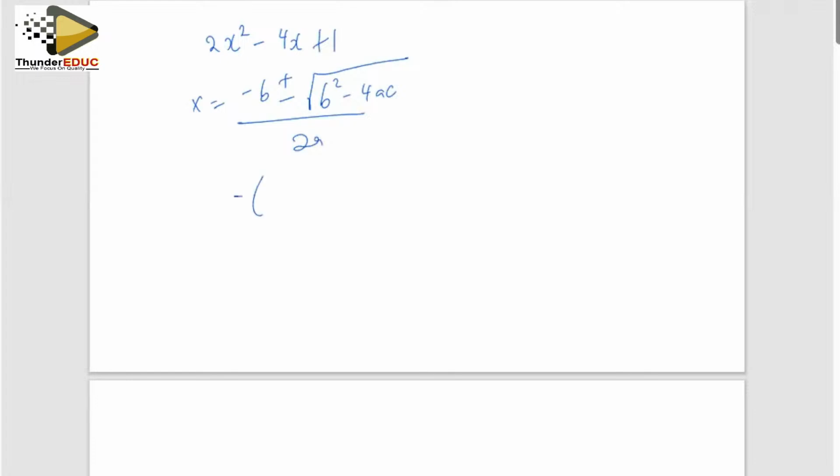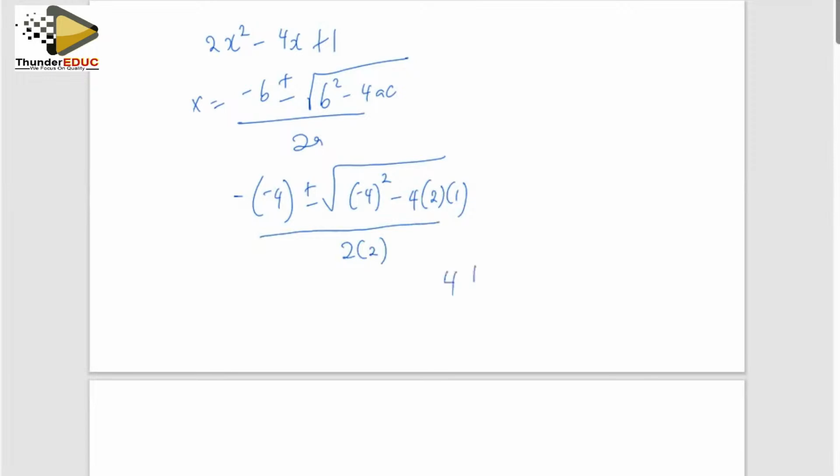That's going to be negative -4 plus or minus the square root of -4 squared minus 4 times 2 times 1, divided by 2 times 2. Simplifying that, I'll have a positive 4 plus or minus the square root of 4 squared, which is 16, minus 4 times 2, that's 8. So 16 minus 8 gives us 8, divided by 4.